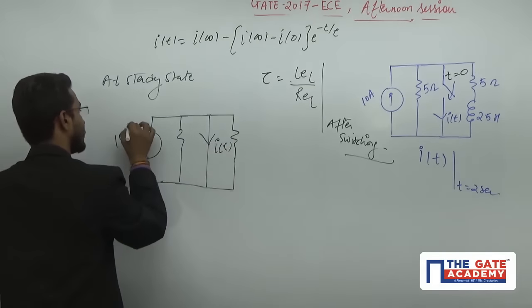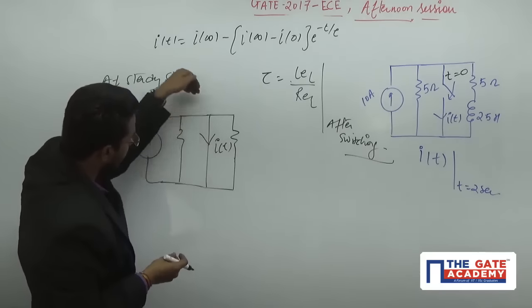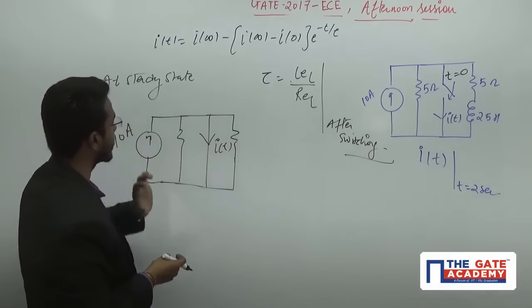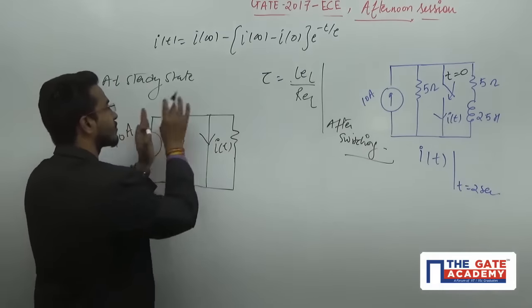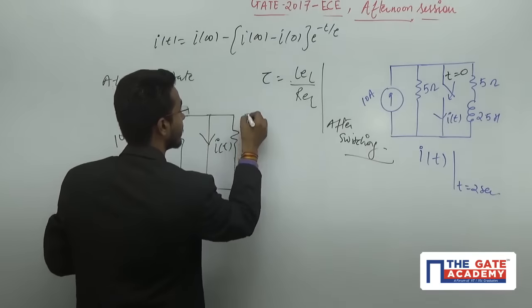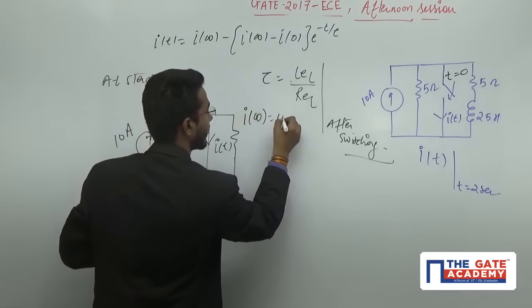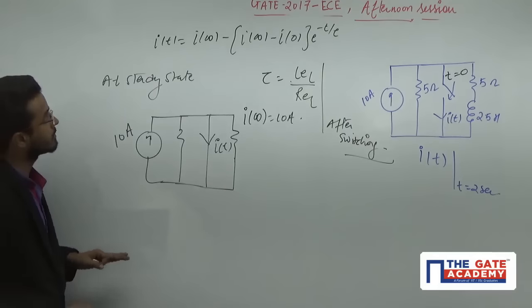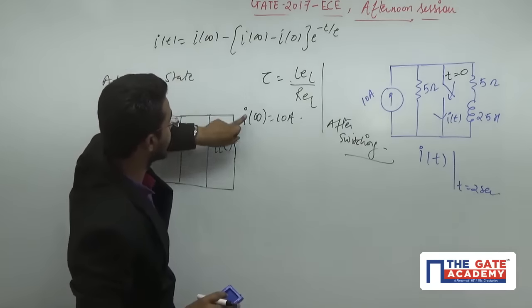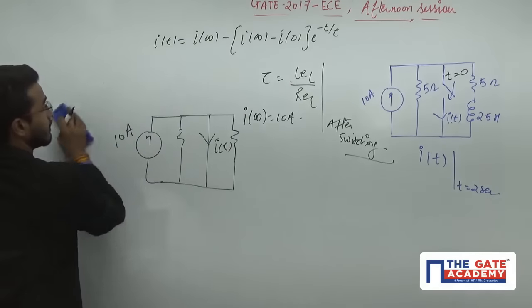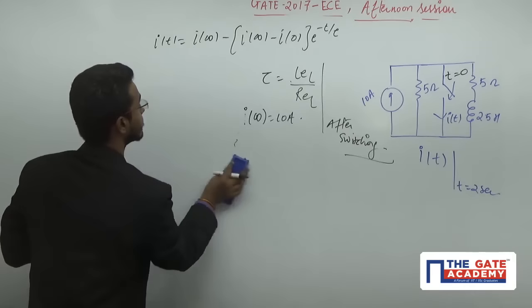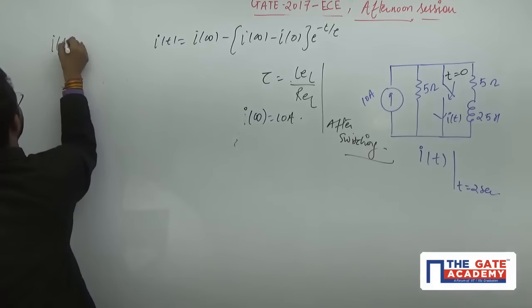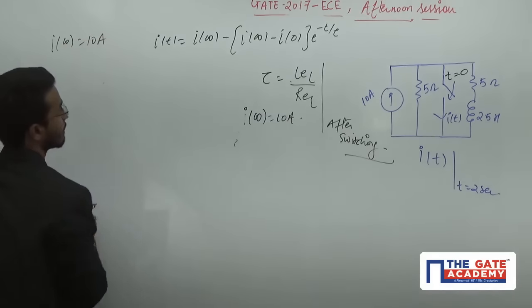It is 10 ampere. That means you are getting the short circuit path in parallel with this current source. That means the entire current of this current source will flow from here. That means I of infinity will be 10 ampere. We have calculated one parameter of this equation, that is, I of infinity is equal to 10 ampere.